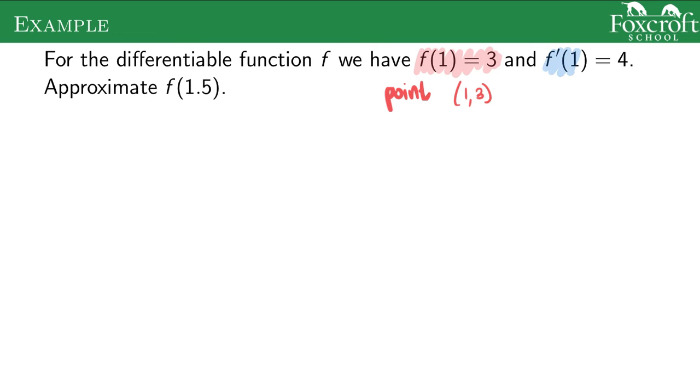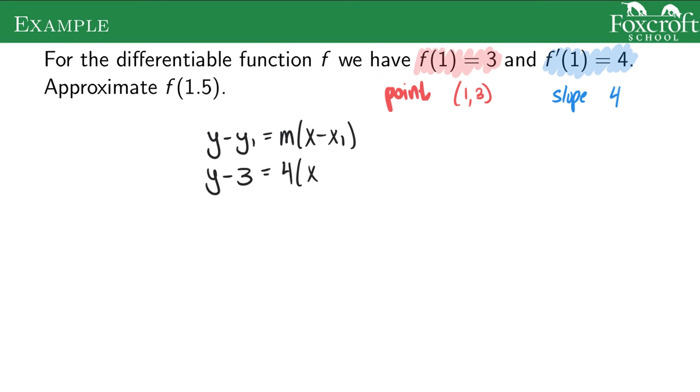And the derivative, remember, is the slope of the tangent line, so that's going to tell me the slope of my tangent line is 4. From that information I can make my equation. My y value is 3, my slope is 4, and my x value is 1. I distribute that and add 3 to both sides. So my tangent line is y equals 4x minus 1.